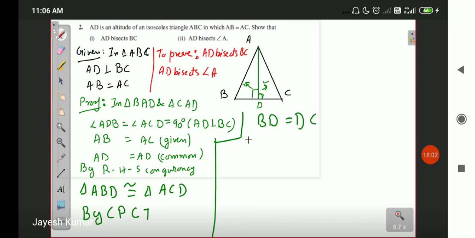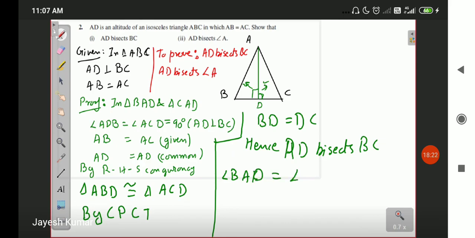Because they are corresponding parts, and hence AD bisects BC. Also, angle BAD will be equal to angle CAD, same by CPCT. Hence, AD bisects angle A.